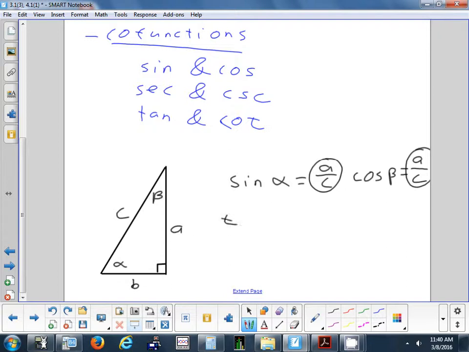We'll try one more of those. Let's do the tangent of alpha. Carter, what's tangent again? Tangent is opposite over adjacent. And what's opposite alpha here?